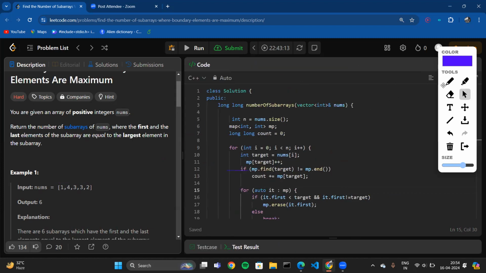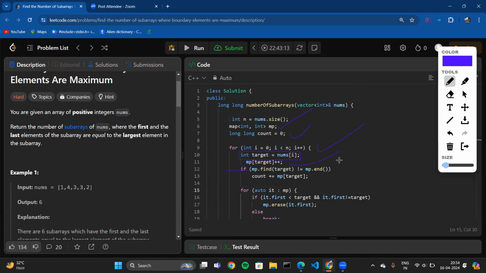So first of all, we will have a map and we will have a count, which will eventually be our answer. Now we will start iterating the array. I took my element as nums of i. Now I am treating it as, can it be my answer? Can it be a valid subarray?